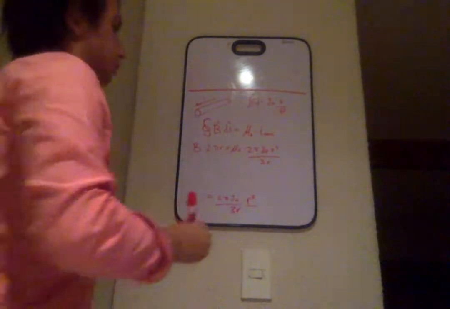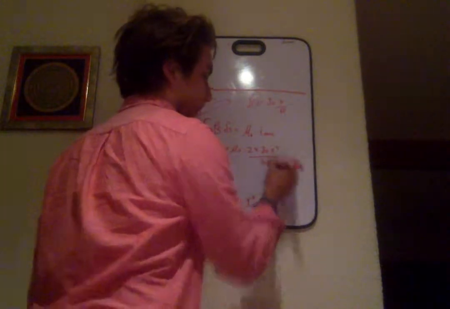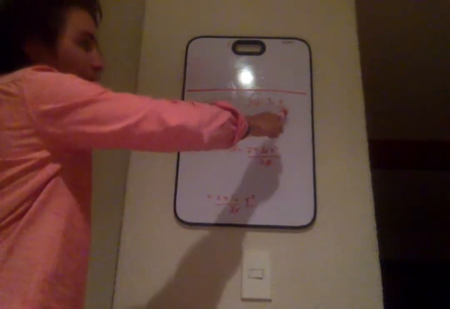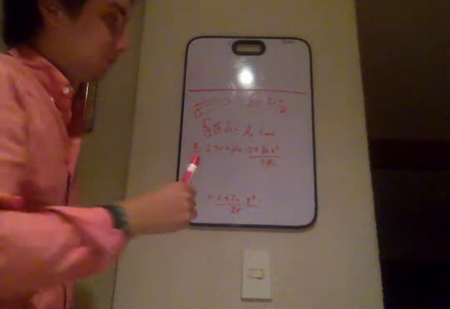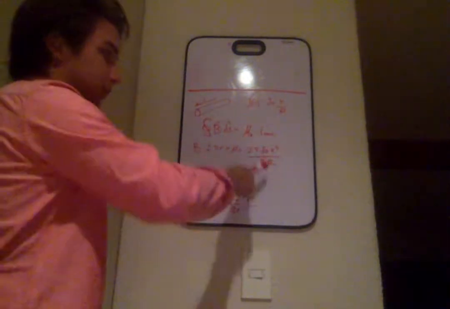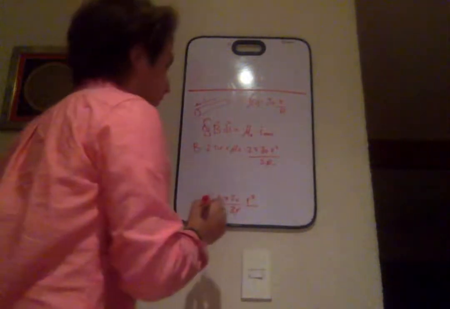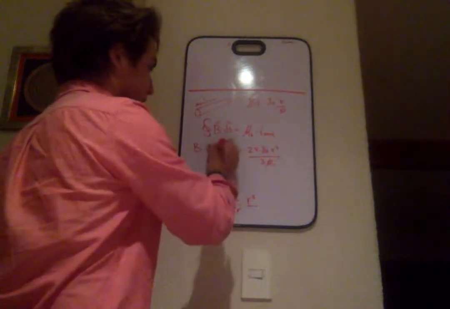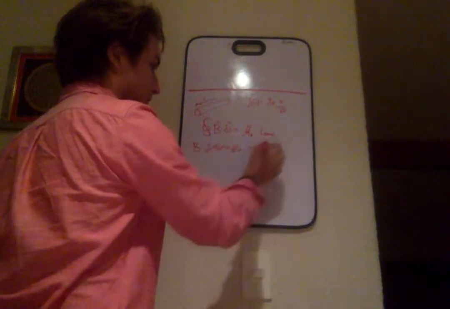Oh, my mistake. This R is a big R because that was a constant and not a small r. So we got something like that, and well, we can start eliminating.